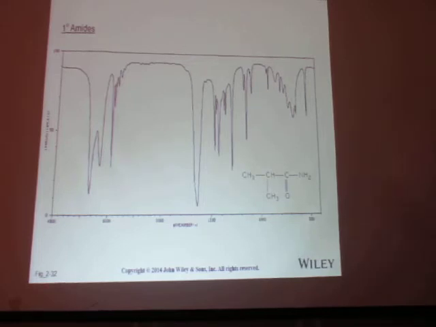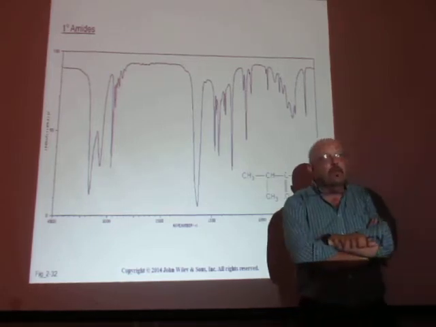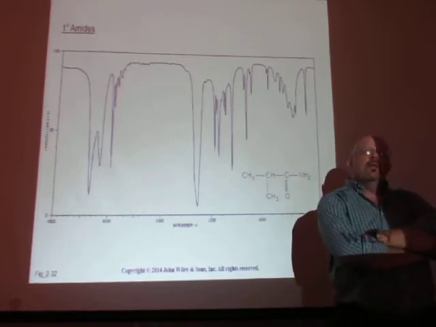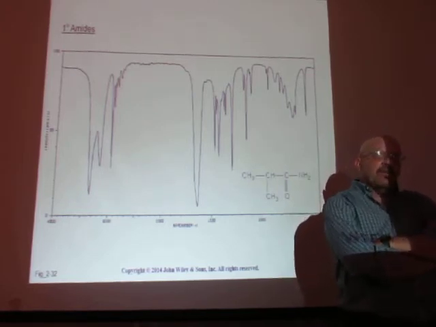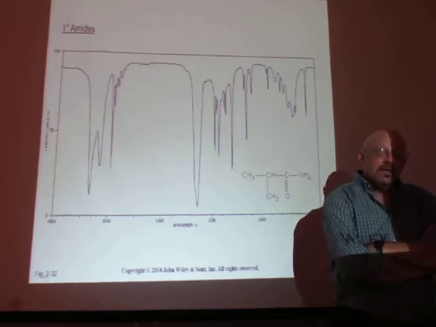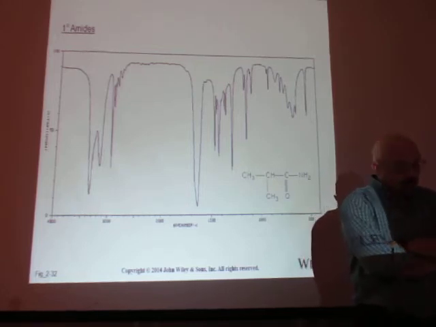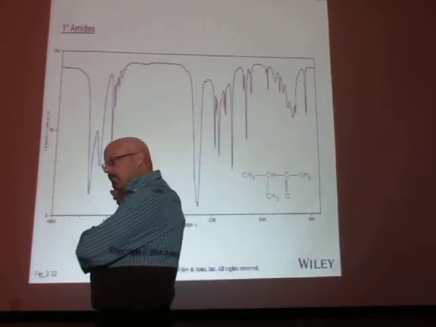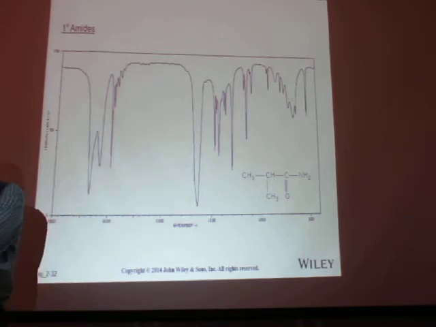Now you notice those NH stretches there, they are in about the same place as the OH of an alcohol. They are also in about the same place as the sp CH stretch of the alkyne. All of them are coming at about the same place. Now we already talked about the difference between the alkyne CH and an OH.